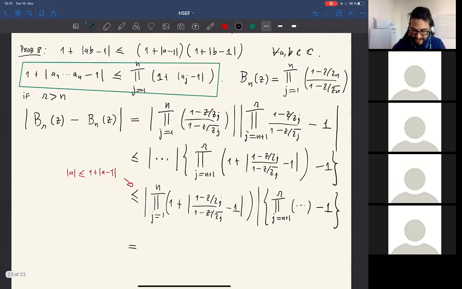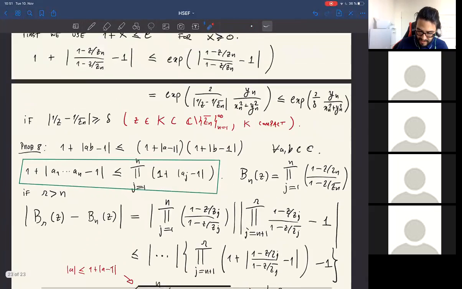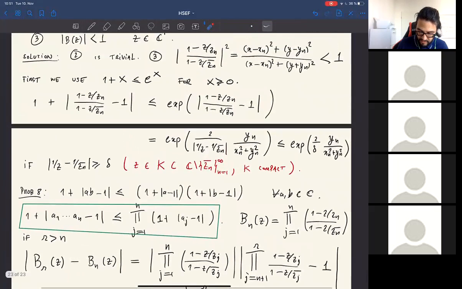What I have to do is bound it now, because I do know that this thing here is bounded. I can even remove this thing now. I know that each of these terms, this guy here and this product here, each term is bounded by this inequality here. This is less or equal than that.